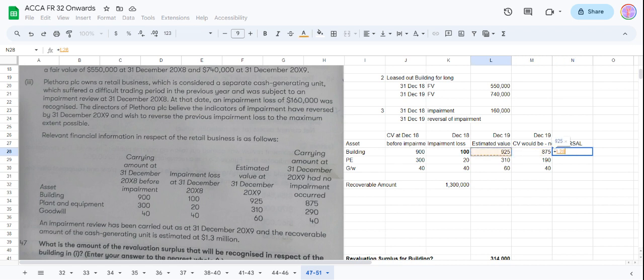So 875 we have to keep. Before impairment it was 900. How much can we reverse here? We can bring it down to 875 only. From this 900, sorry, it is 925.